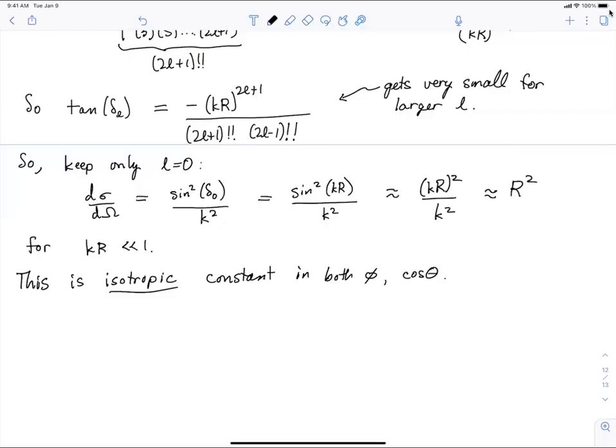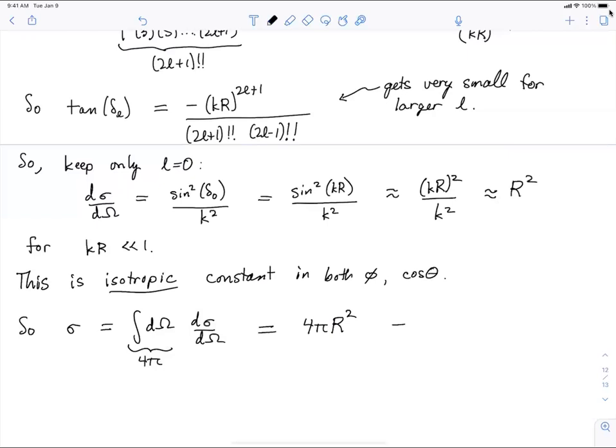Okay, and in this case, if we want the total cross-section, we're just going to be integrating d omega times that differential cross-section. And because it's a constant, that's just going to give us a factor of 4 pi. And so the total cross-section is 4 pi r squared for this problem.